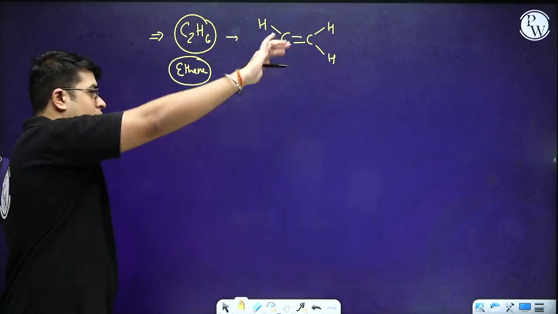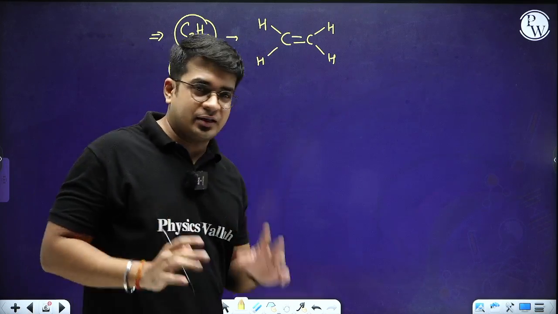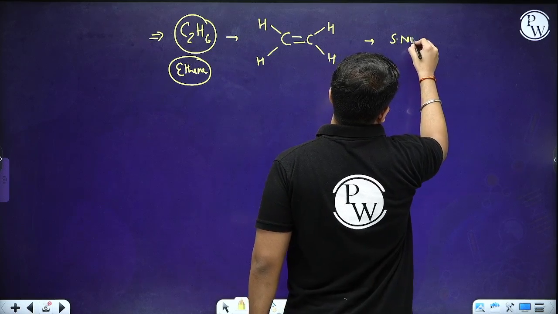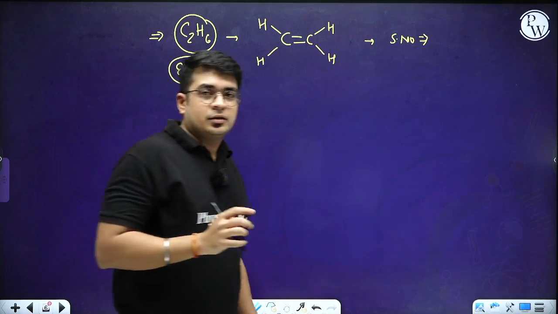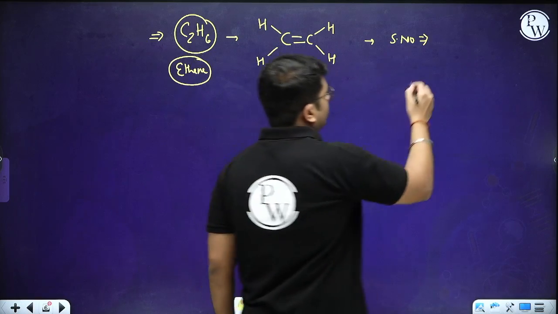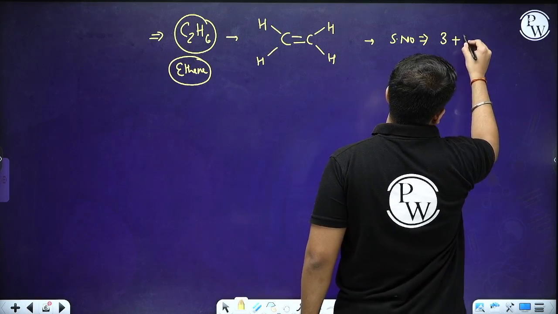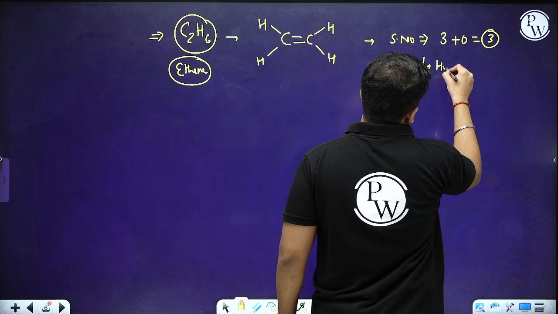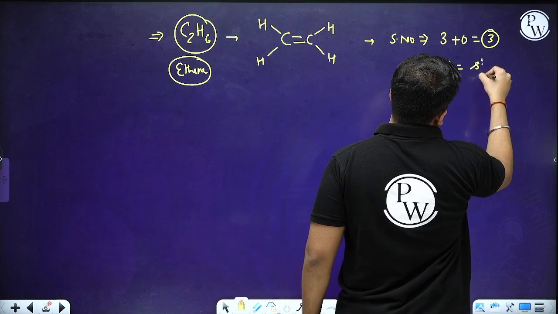So I am including everything. You should know what is the basic idea about the hybridization. So in this particular case, if I talk about the steric number, we never include pi bonds. So I can say 1, 2, 3. Total 3 sigma bonds are there. So 3 sigma bonds plus 0 lone pair, that will be 3. It means in this case, hybridization will be sp2.